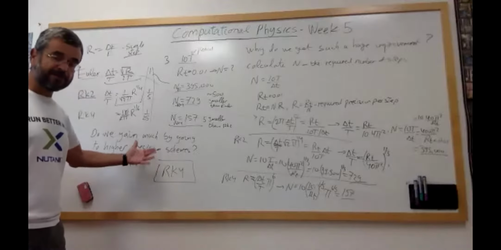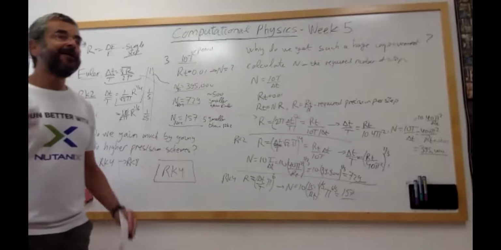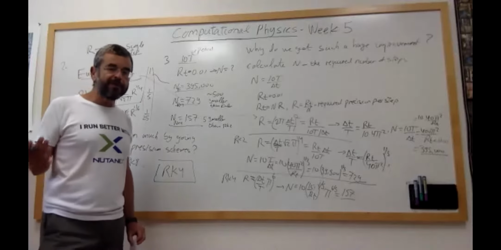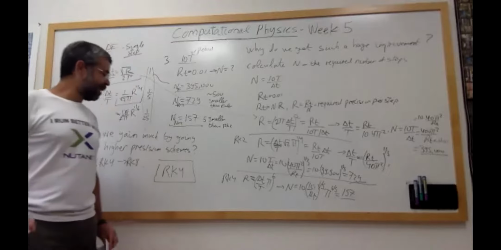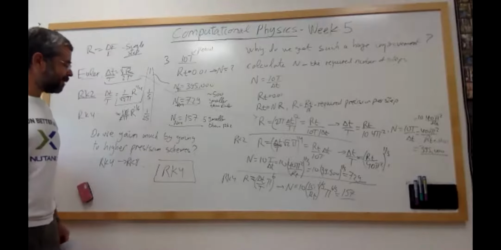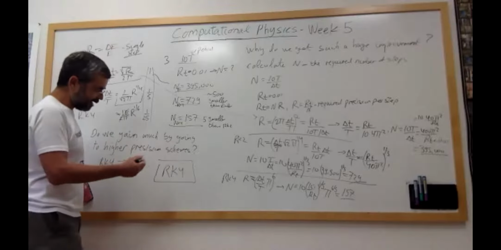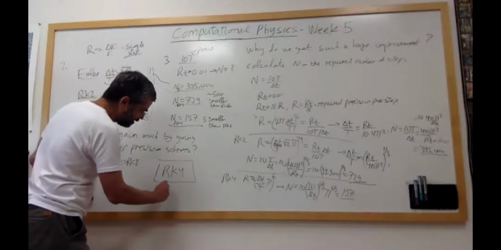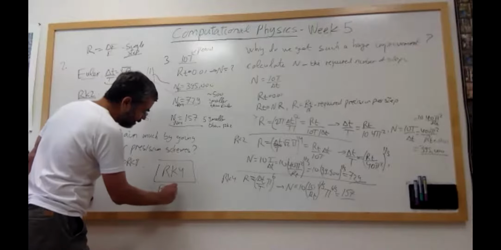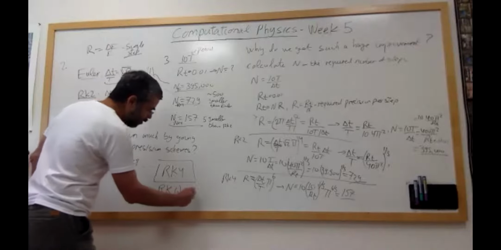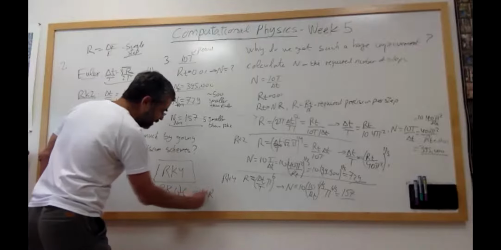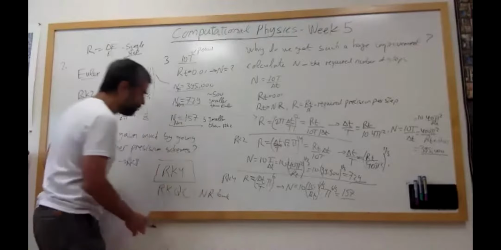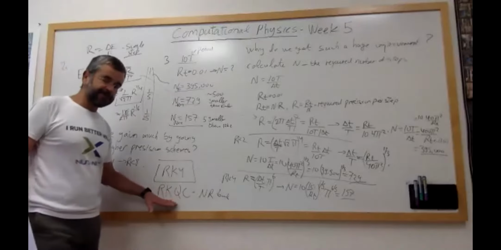So I would think the workhorse method for solving ODEs is RK4. And personally, what I always use is the better version, RKQC in the Numerical Recipes book. This is the adaptive step size.